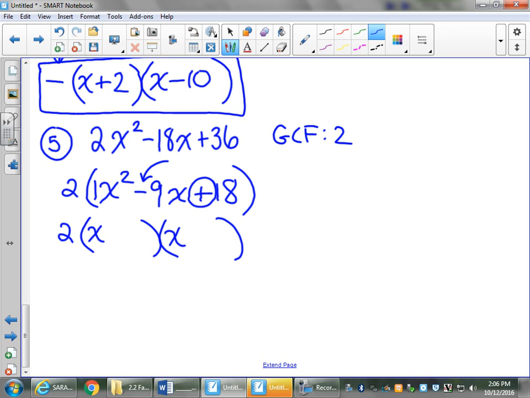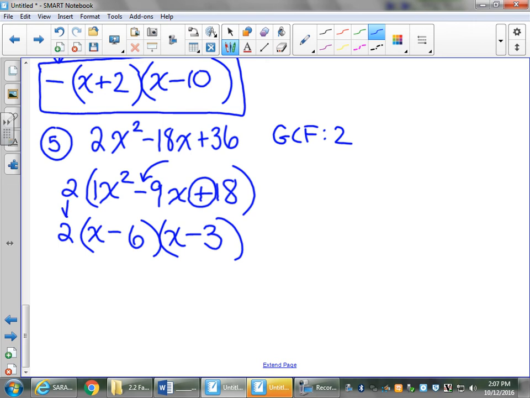Because the middle B term is negative, these are both going to be negative. And the winning combination that will multiply to 18 but add to negative 9 will be negative 6 and negative 3, because negative 6 times negative 3 is positive 18, and negative 6 minus 3 is negative 9. So there's our final answer.